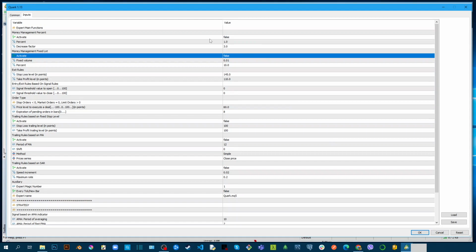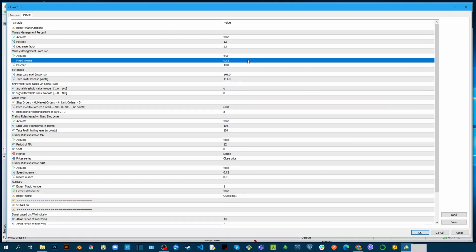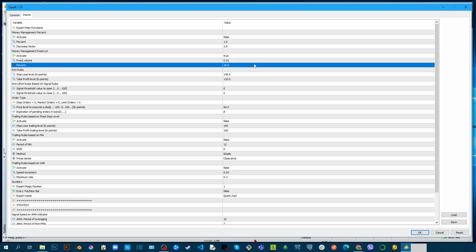If these two options are inactive, like right now, the expert will open micro lots, and if you activate some of these inputs, for example the second money management system, then you will activate these two inputs below.